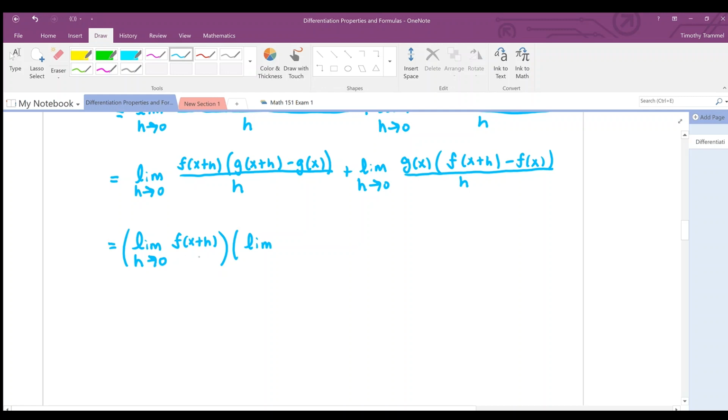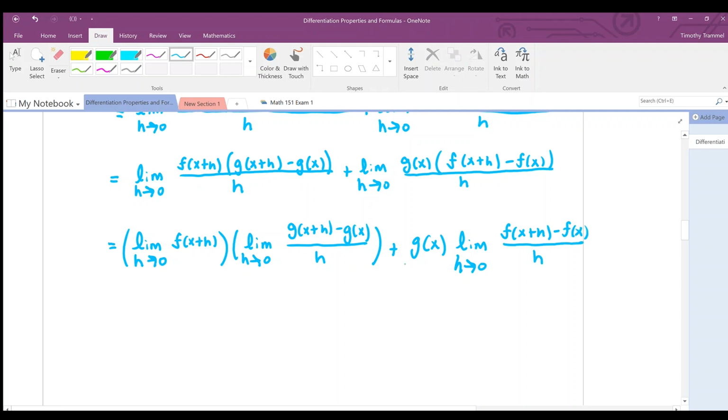So the limit as h goes to 0 of f of x plus h times the limit as h goes to 0 of g of x plus h minus g of x all over h, and then plus the limit as h goes to 0. And actually, let's pull something out of this one too. Let's pull out this g of x. And what we're left with over here is f of x plus h minus f of x all over h.